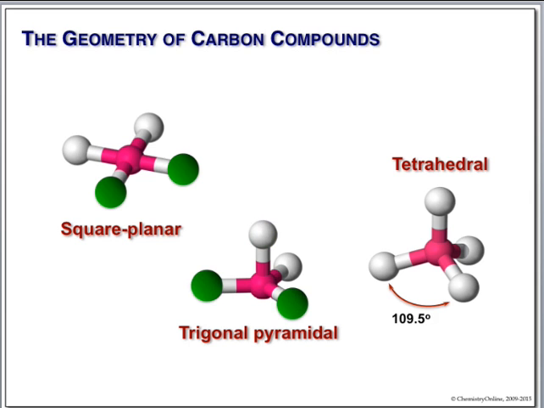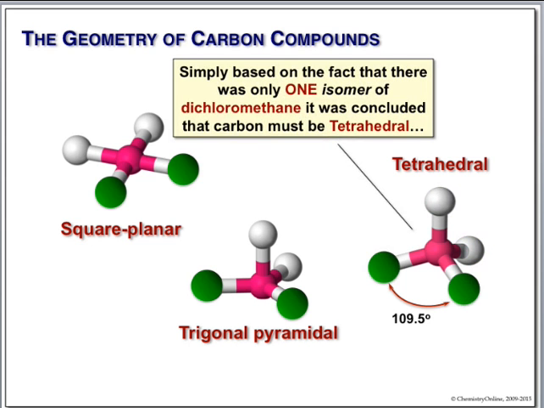However, if carbon was tetrahedral, these 2 are next to each other, and they're 109 degrees apart. If we move down here, they would also be next to each other and 109 degrees apart, and the same thing with these 2 here. So we would only get 1 isomer if carbon was tetrahedral.